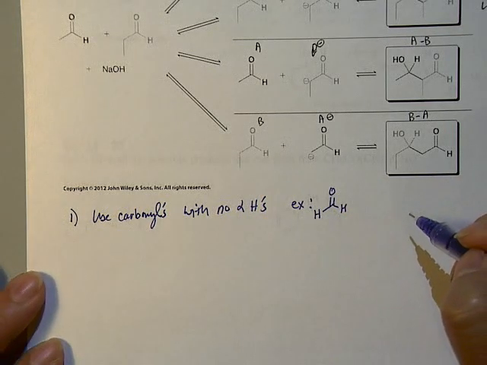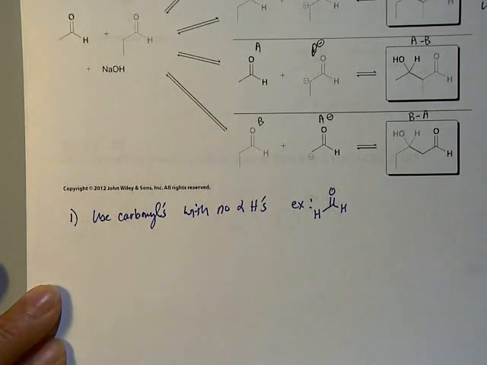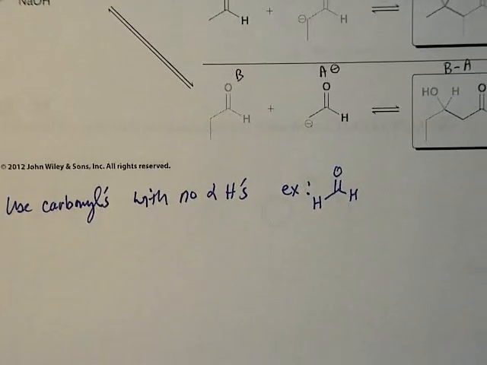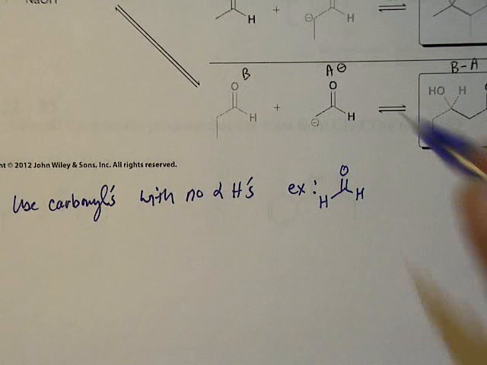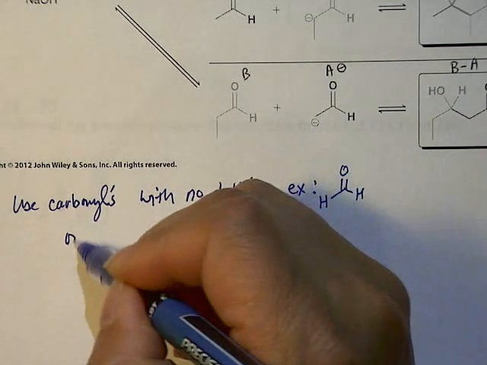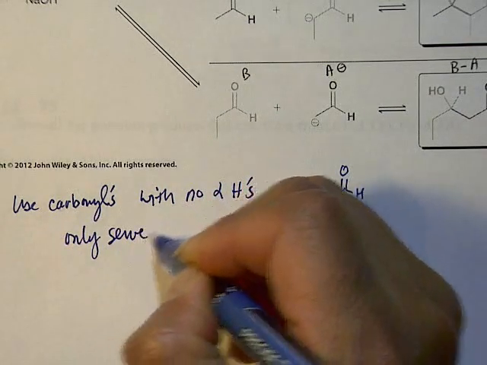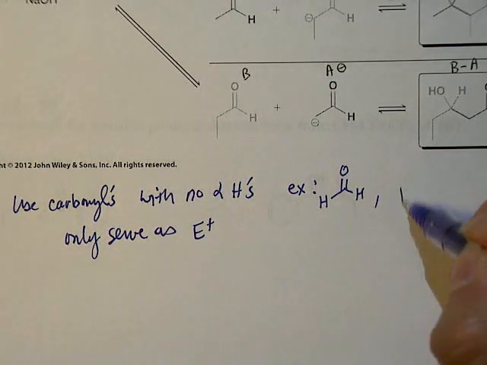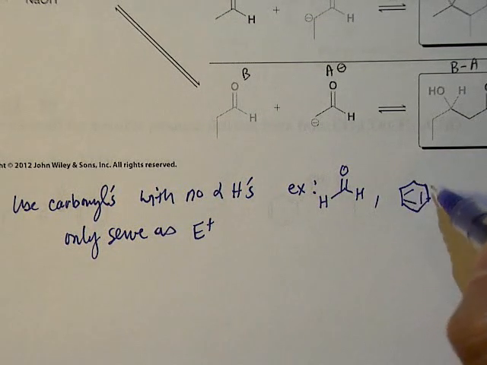All right, so how about if we use formaldehyde as the electrophile? Then we don't have to worry about it becoming an enolate and reacting with itself. It could only serve as the electrophile carbonyl, right? Another one is benzaldehyde.